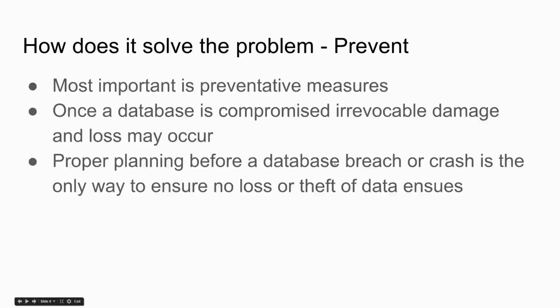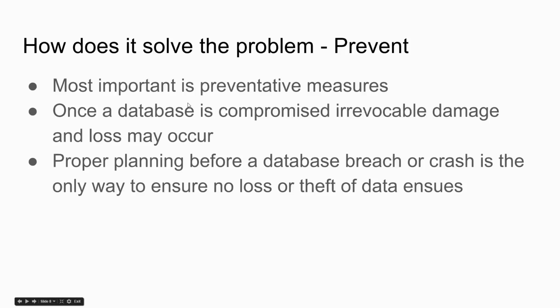Now the question is, how does database security solve the problem? Well, the problem, as we went over, was to ensure that sensitive information remains sensitive and private. And the only way database security manages this is to prevent. You have to prevent the data from being compromised. And that's the most important thing.